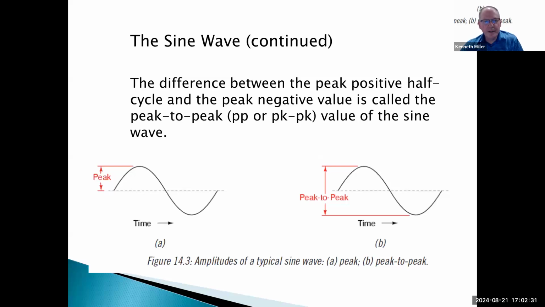But remember, on a sine wave, the area under this part of the curve equals the area under this part of the curve. So if this was positive and this was negative, when you add them together, you end up with 0.